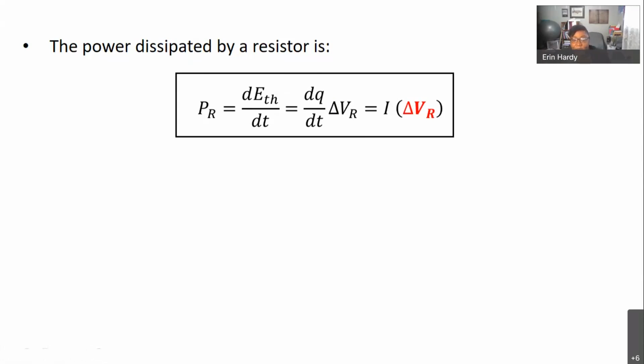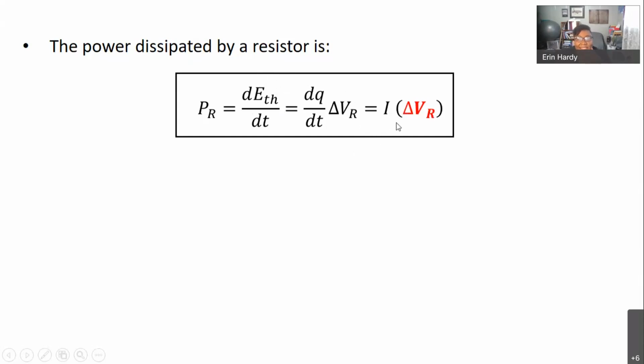And way back when we were first talking about that charge escalator model, we saw that a single charge carrier that was pushed through some potential difference, delta V, would gain some potential energy, capital U. And that potential energy is what we are balancing against the thermal energy that's being dissipated by this resistor.